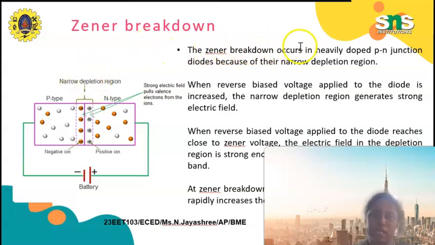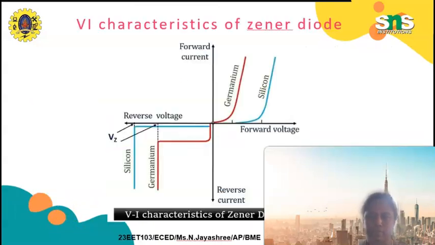The Zener breakdown occurs in a heavily doped PN junction because of the narrow depletion region. When the reverse bias voltage applied to the diode is increased, the narrow depletion region generates a strong electric field. When the reverse bias voltage reaches the Zener voltage, the electric field in the depletion region is strong enough to pull electrons from the valence band. At Zener breakdown, a small increase in voltage will rapidly increase the electric current.